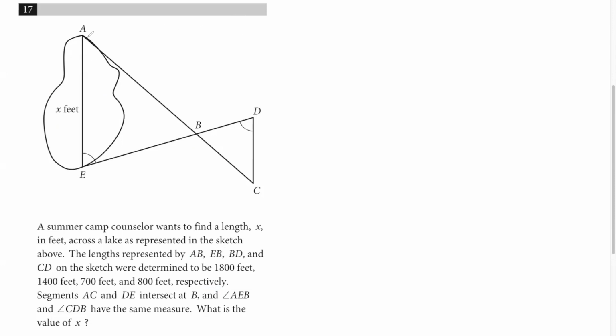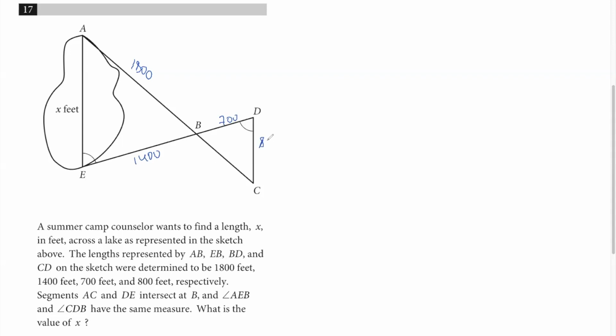Question number 17. Here we have two triangles, ABE and BCD, and it is given AB is 1,800. EB is 1,400. BD is 700. And CD is 800.